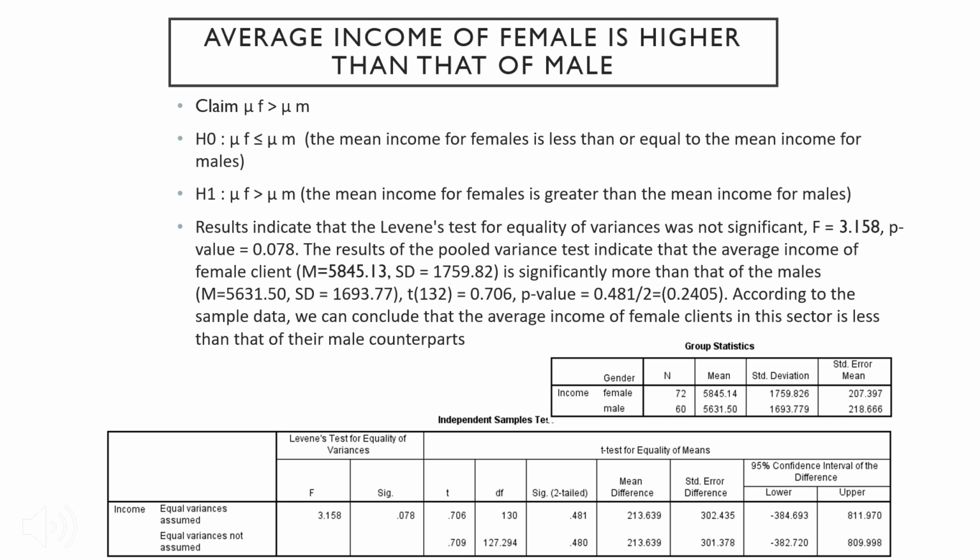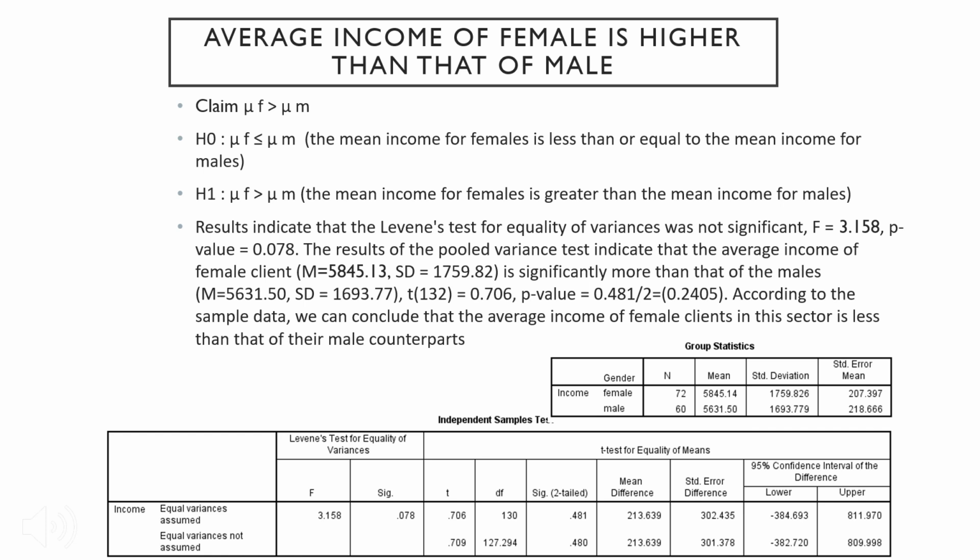Average income of female is higher than that of male. Hypothesis 0, the mean income for females is less than or equal to the mean income for males. Hypothesis 1, the mean income for females is greater than the mean income for males. Results indicate that Levene's test for equality of variances was not significant, p-value equals 0.078.